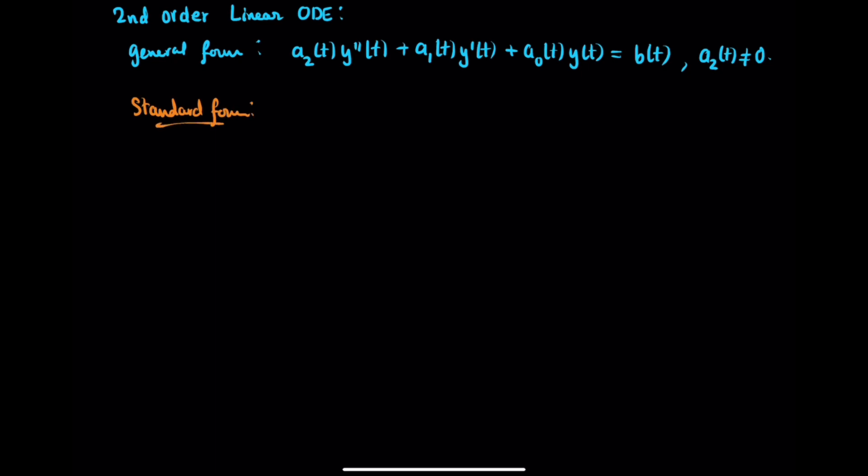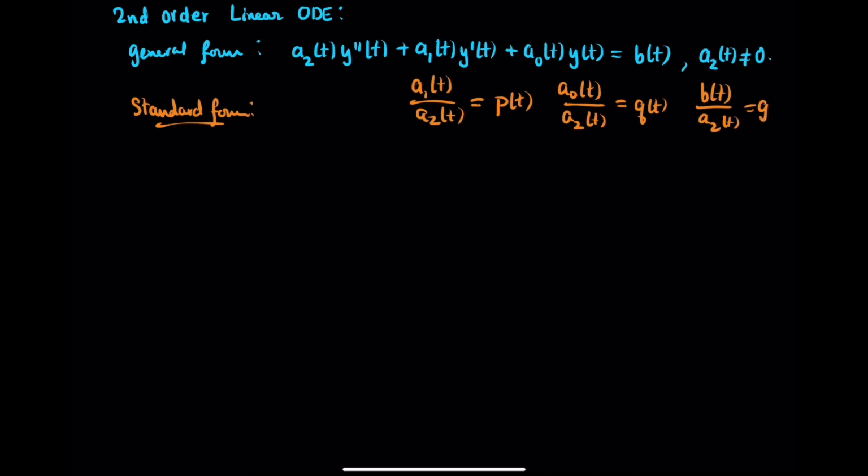The standard form is where you've divided everything by a2(t), and instead of having ugly fractions like a1(t) over a2(t), you've just assigned these fractions to be some variable p, and same thing with a naught(t) over a2(t) equals q(t), and b(t) over a2(t) equals g(t).